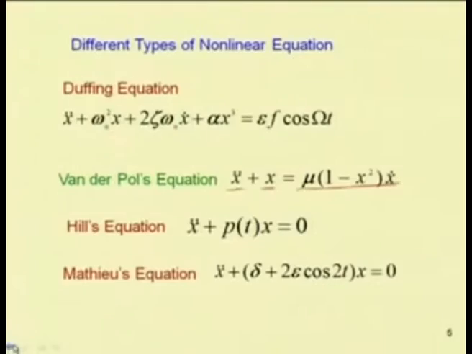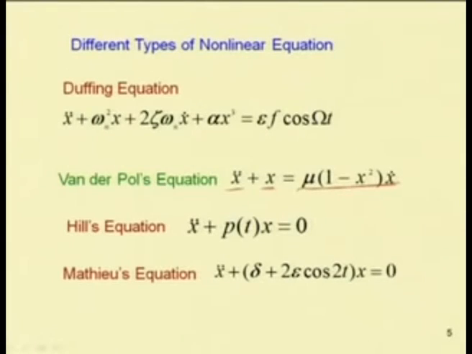Depending on the relative magnitude, which term is more, we can have a stable or unstable response of the system. When this nonlinear part is more, that means the amplitude is more, then we have an overall positive damping in the system.